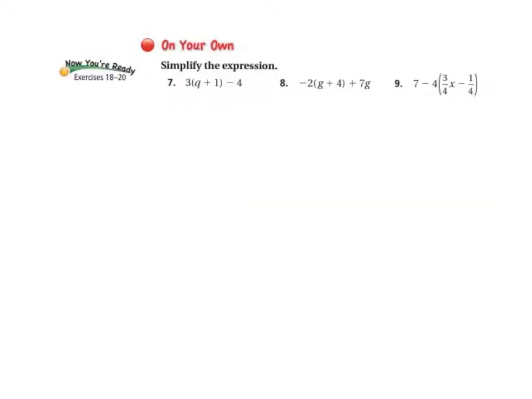Now we're going to take a look at simplifying these expressions using the distributive property. So 3 times (q plus 1) equals 3q plus 3, and then we can't forget our negative 4 on the end, or our minus 4. So when we simplify that, we've got 3q, sorry, that q is a little messy, and then 3 minus 4 equals negative 1.